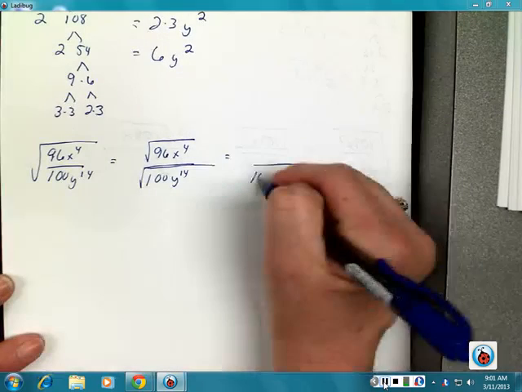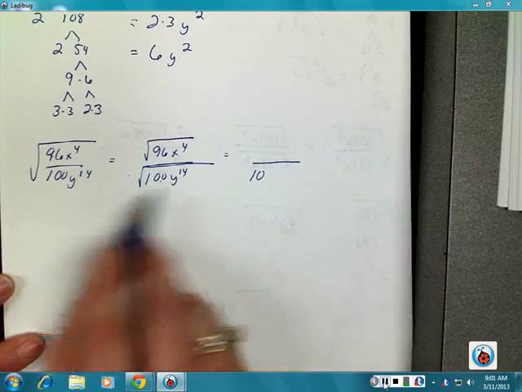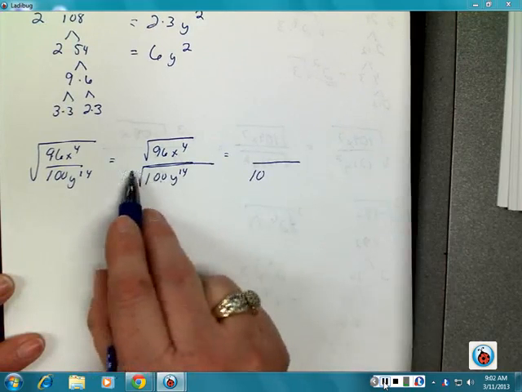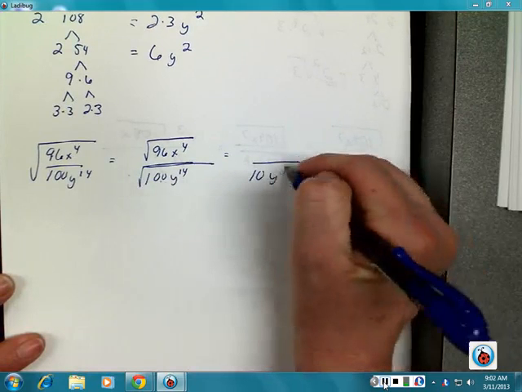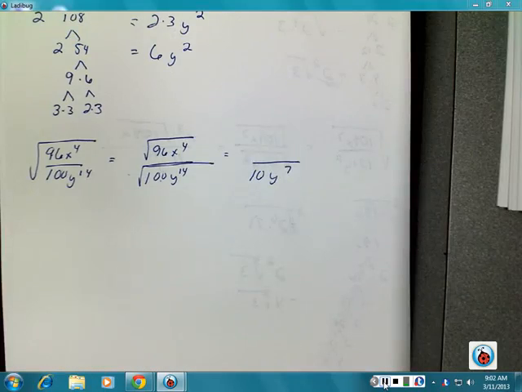Bottom of this one's pretty easy. 100, the square root of it is 10. Square root of y to the 14th is y to the 7th, so the bottom gets done pretty quick. What about the top?